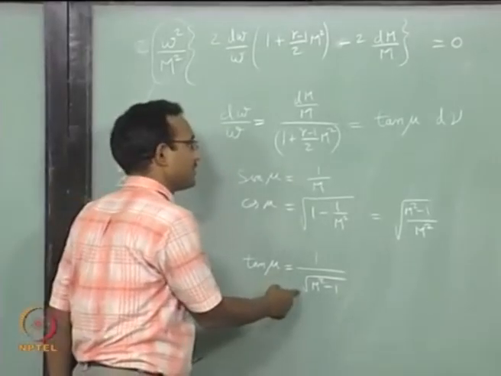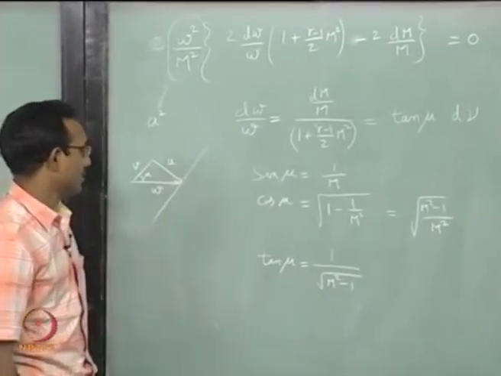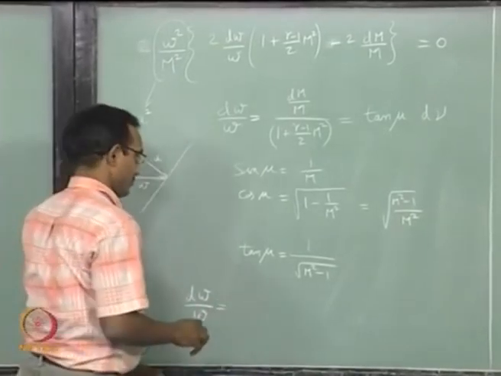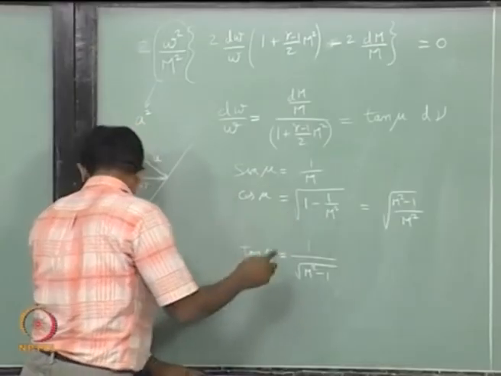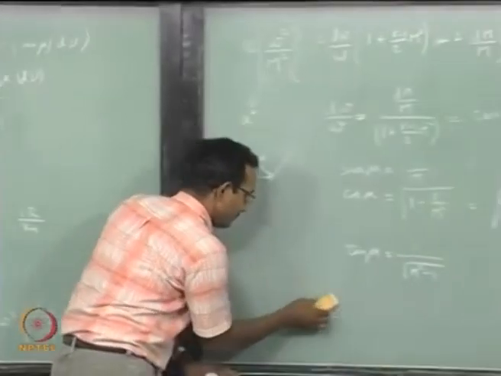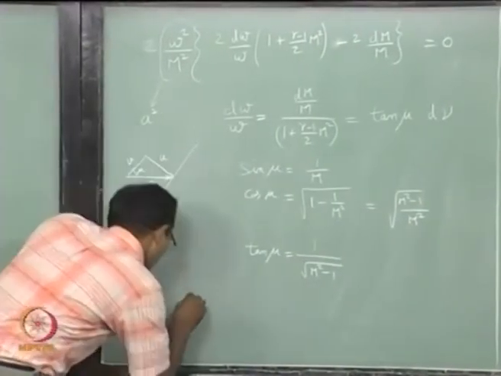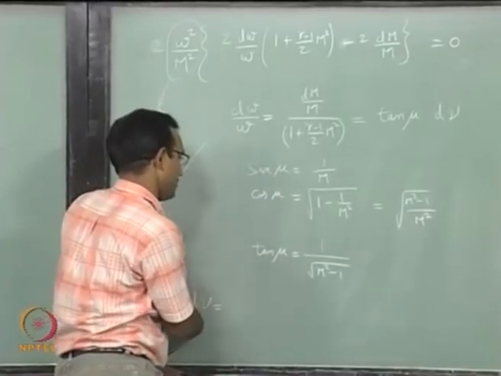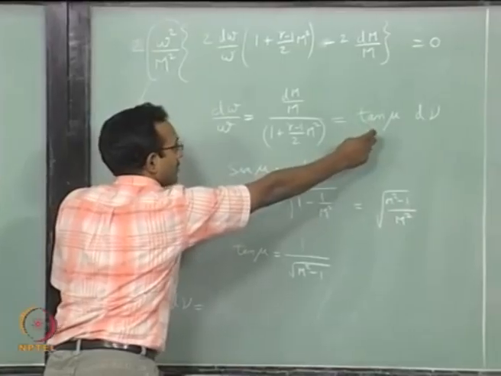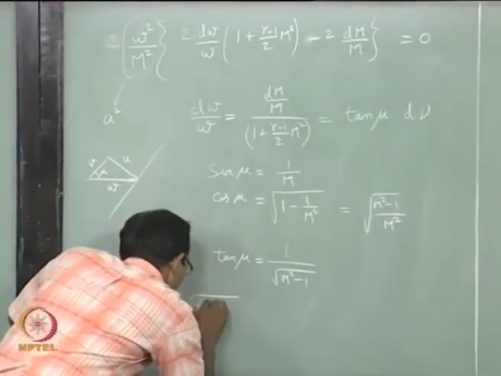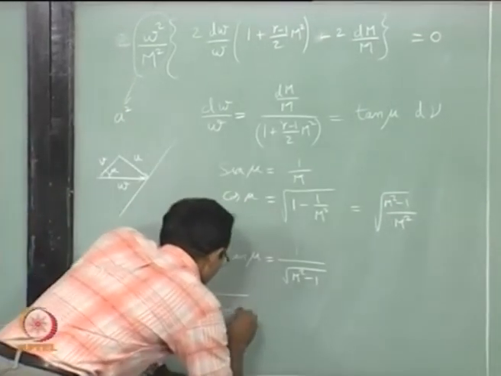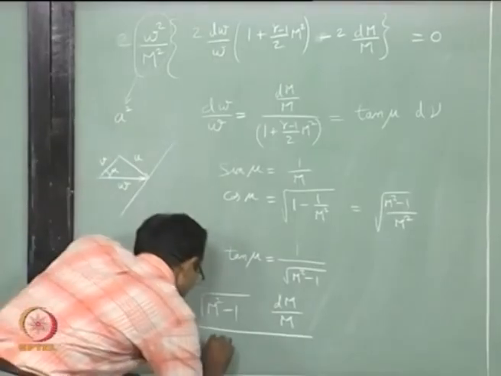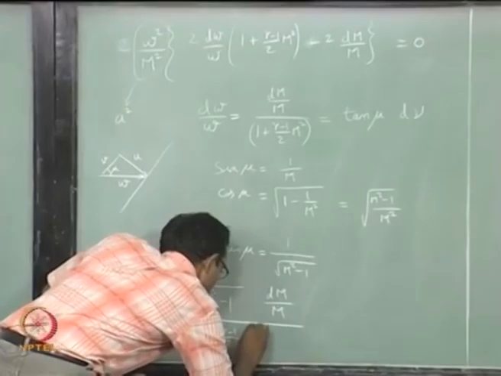Now I will substitute this in this tan mu here. Once I do that, I am going to have an expression dw by w equal to, oh, I do not need dw by w, I want to write expression for d nu. d nu is equal to, I will write it as that 1 by square root of m square minus 1, I will take it to the numerator here, I will have square root of m square minus 1 dm by m divided by 1 plus gamma minus 1 by 2 m square.